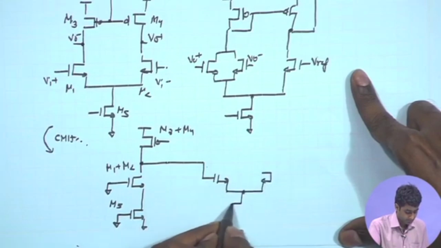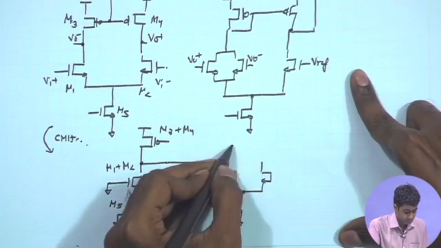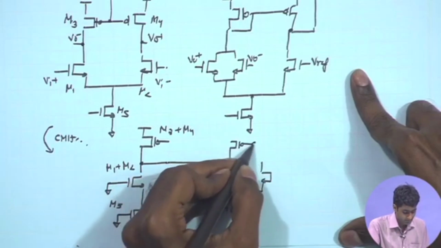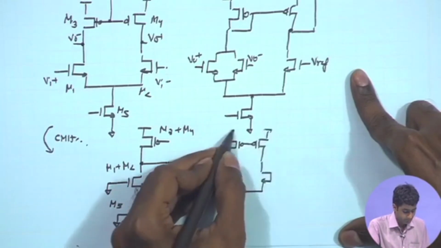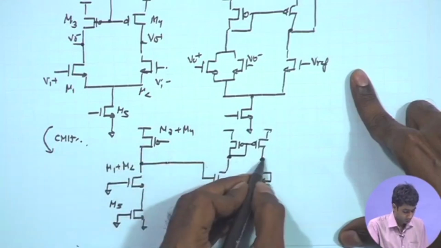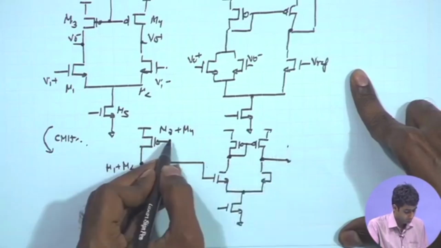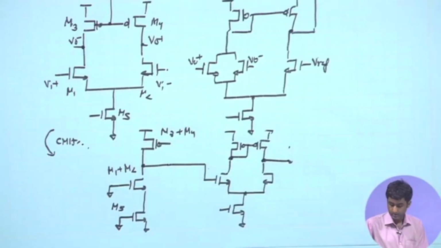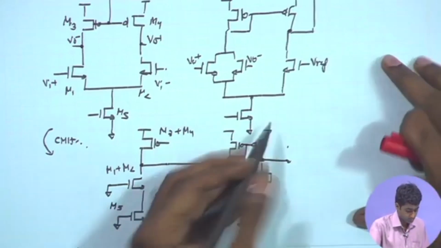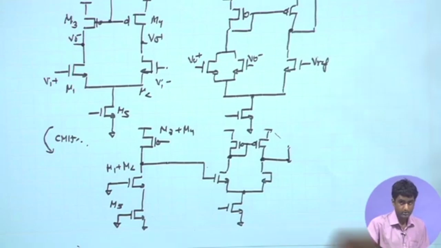and as a result we arrive at a configuration which is something similar to our standard diff amp with current mirror load. And we have our Vout basically going to the output using the feedback signal.